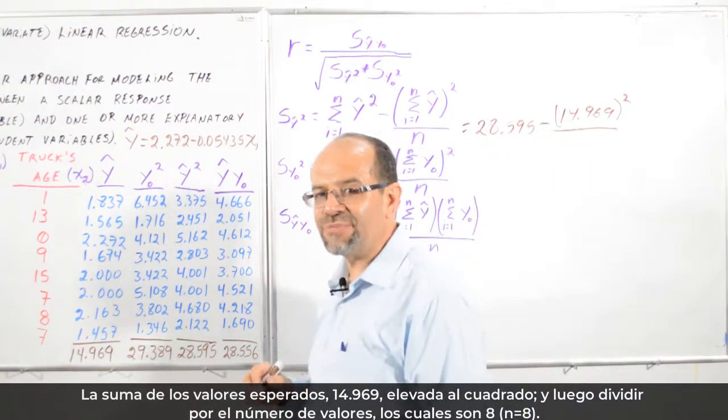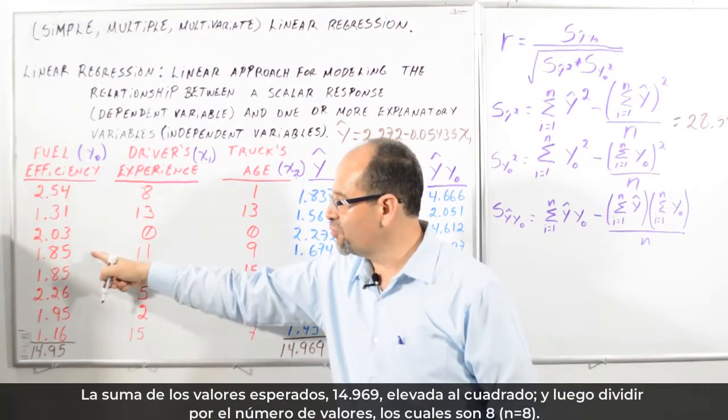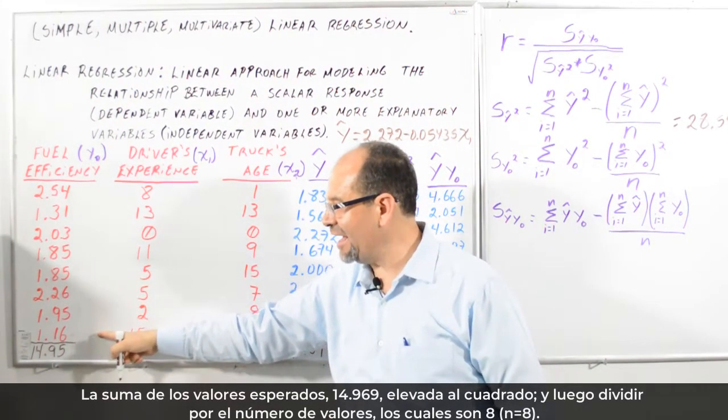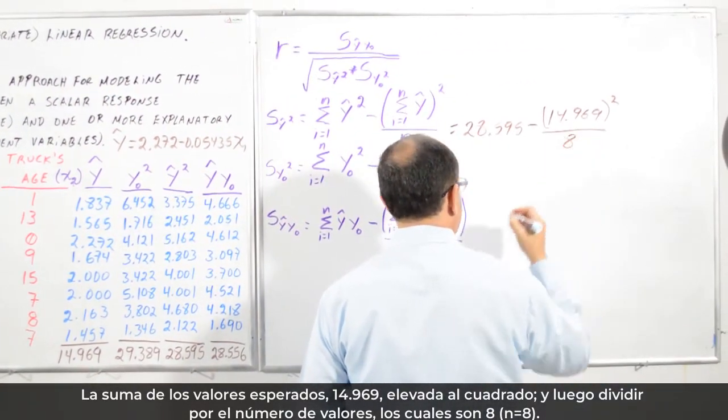Here we have 1, 2, 3, 4, 5, 6, 7, 8 values, so n is equal to 8.